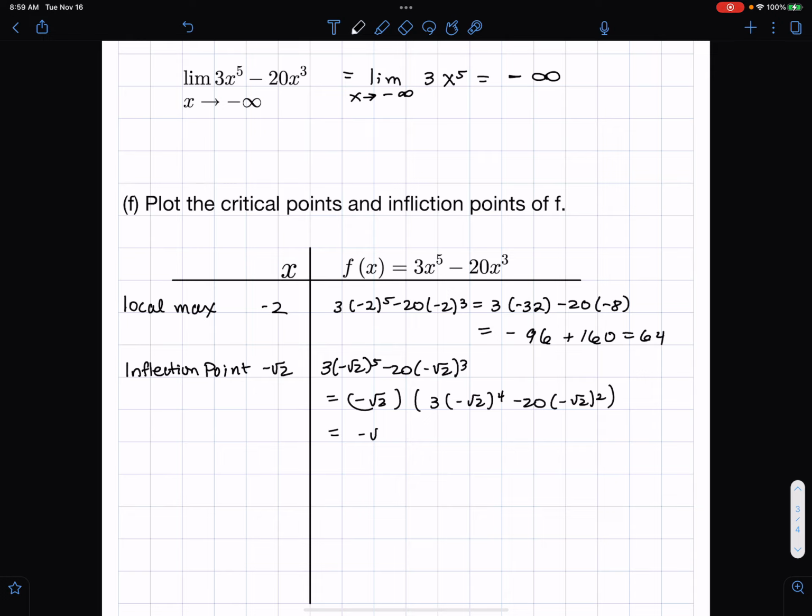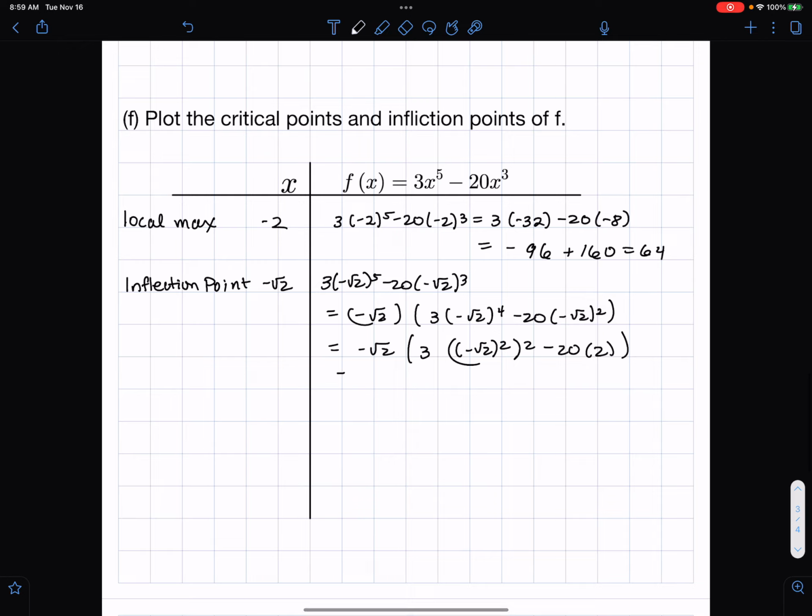So this is negative rad 2 times 3 times, well, you think of negative rad 2 to the fourth as negative rad 2 squared and then squared again. Minus 20, negative rad 2 squared is just 2. So this is going to be negative rad 2 times 3 times 2 squared, since negative rad 2 squared is 2.